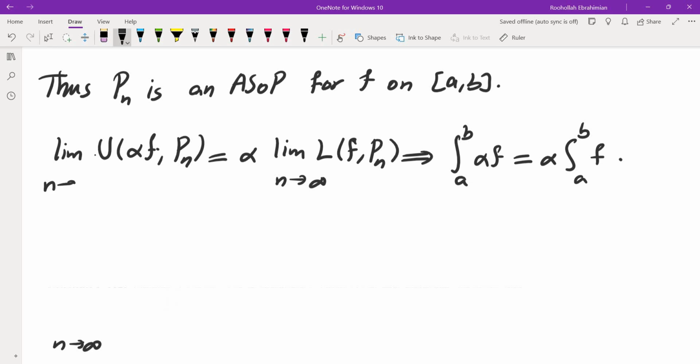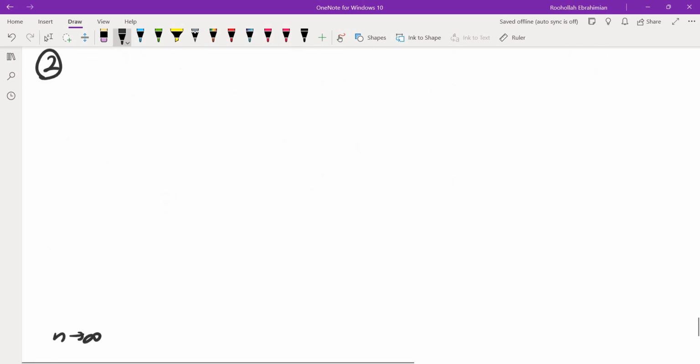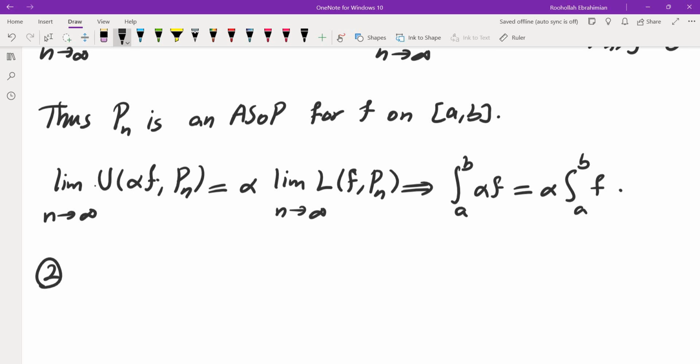Okay, so let's look at the next part. In the next part, we will have to show that if f and g are integrable, then f plus g is integrable. So we will have to compare again the supremum of f and the supremum of g with the supremum of f plus g.